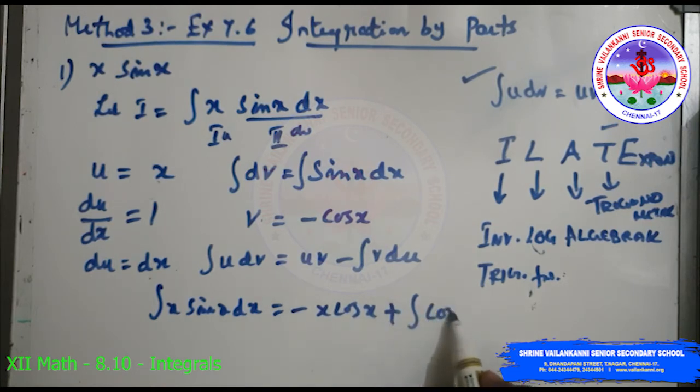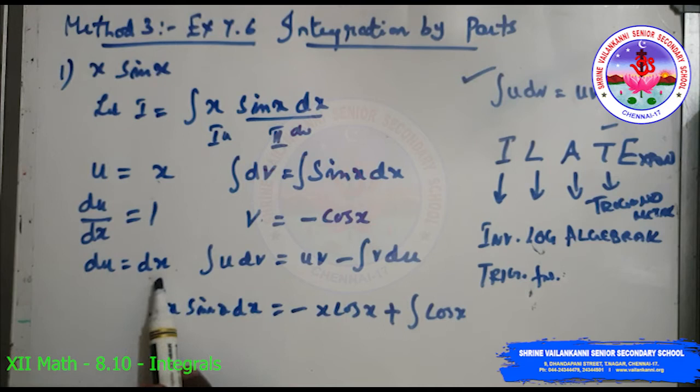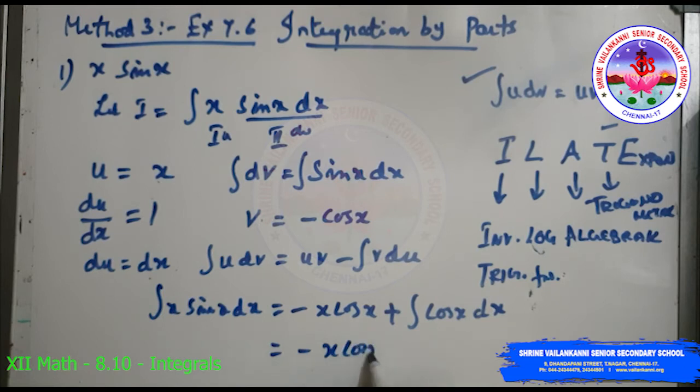So plus cos x into du, which is dx, equal to minus x cos x plus integral of cos x dx, which is sin x. So minus x cos x plus sin x plus c. So integral of x sin x dx is equal to minus x cos x plus sin x plus c.